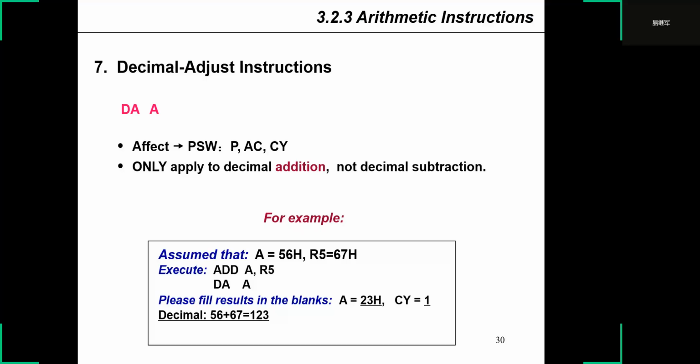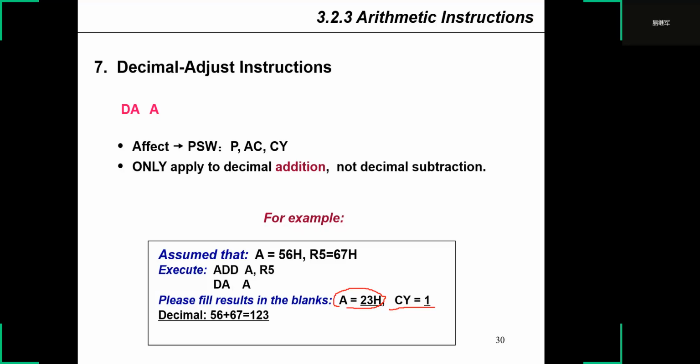For example, A is 56H and R5 is 67H. Execute ADD A, R5. After that, we use DA. We can get the result. This represents the carry.